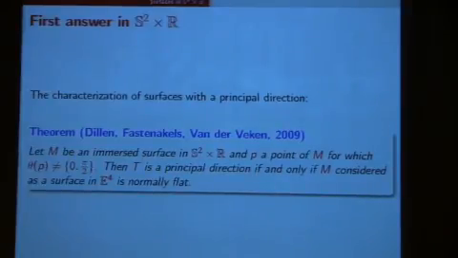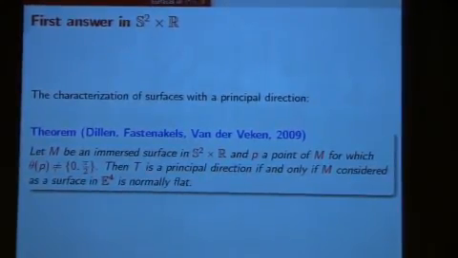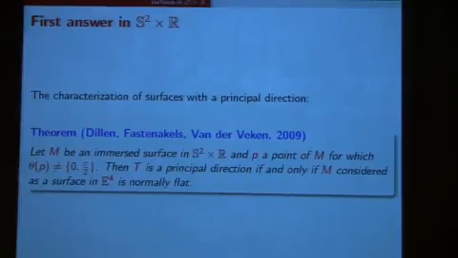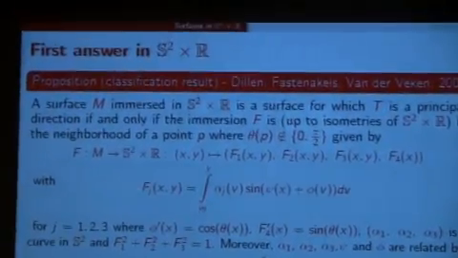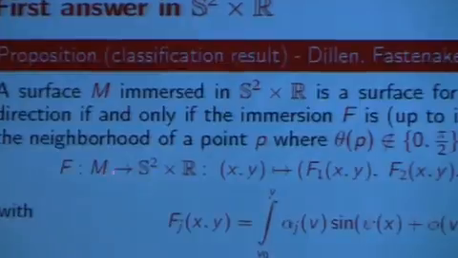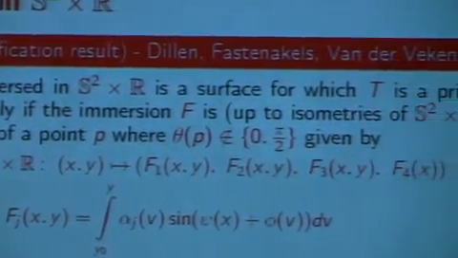So first, there is a characterization of these surfaces. I mean, this T, this projection, is the principal direction, if and only if M is normally flat. This means the normal connection vanishes. And the equation are as follows. So M is this surface, and S2 cross R is embedded in R4.